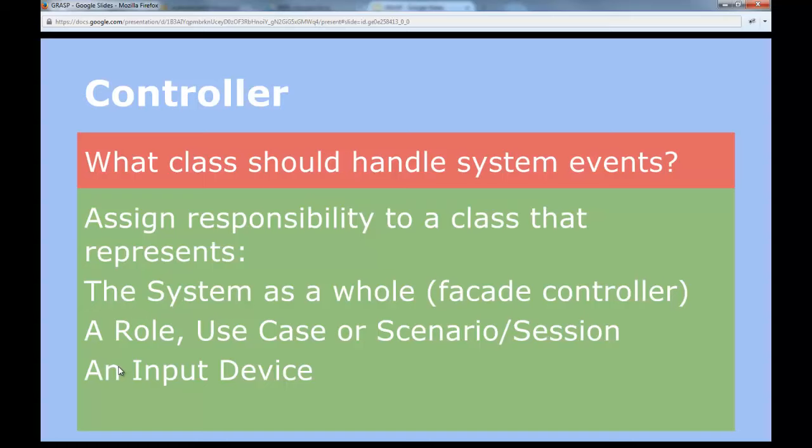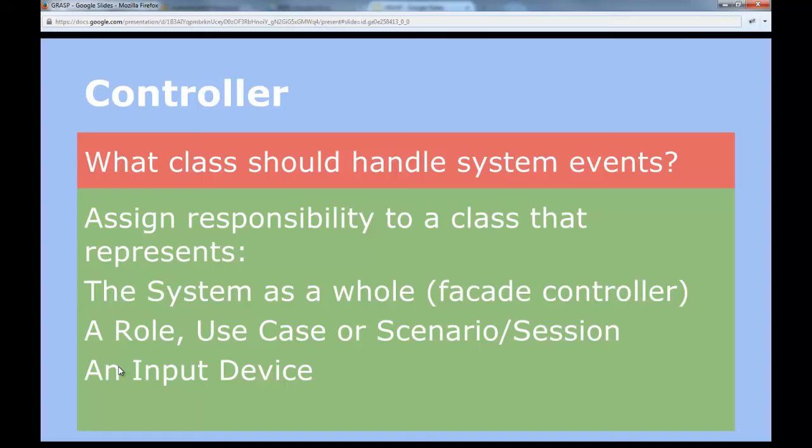The problem here could be, of course, that you have a lot of system events and a lot of different things that could happen, and this one whole class could become quite bloated. So we have other options to handle system events in classes that represent a role, a use case, a scenario, a session, or an input device.